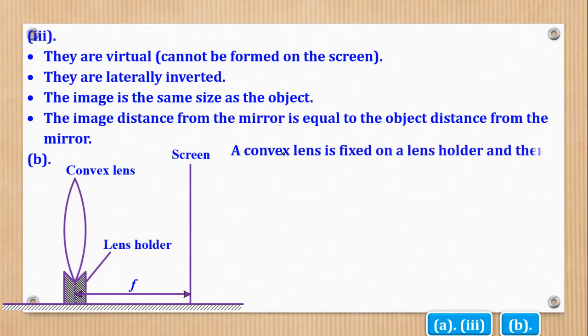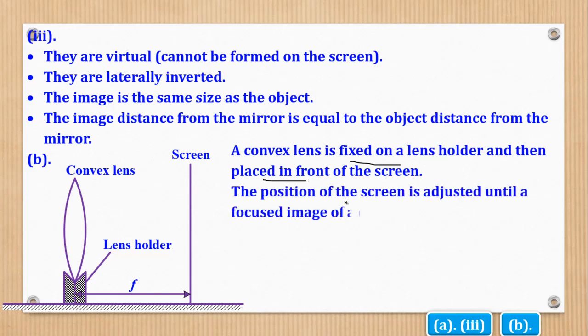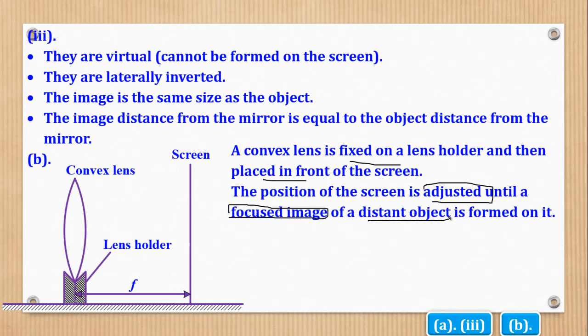So a convex lens is fixed on a lens holder and then placed in front of the screen. The position of the screen is adjusted until a focused image of a distant object is formed on it. Know this word, focused image and distant object.